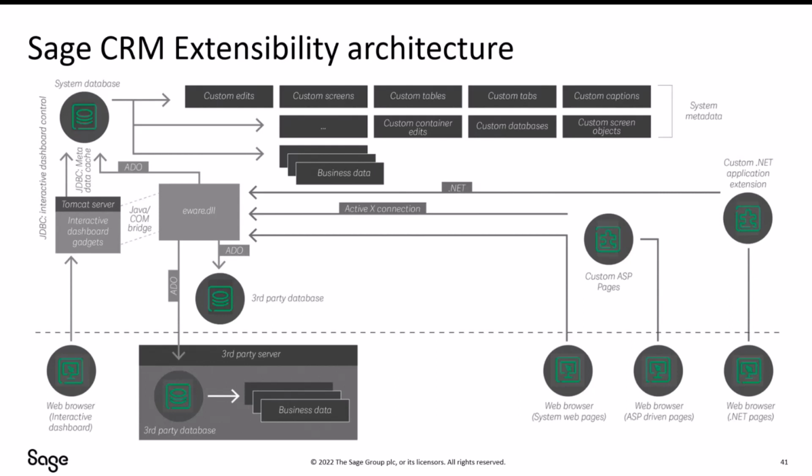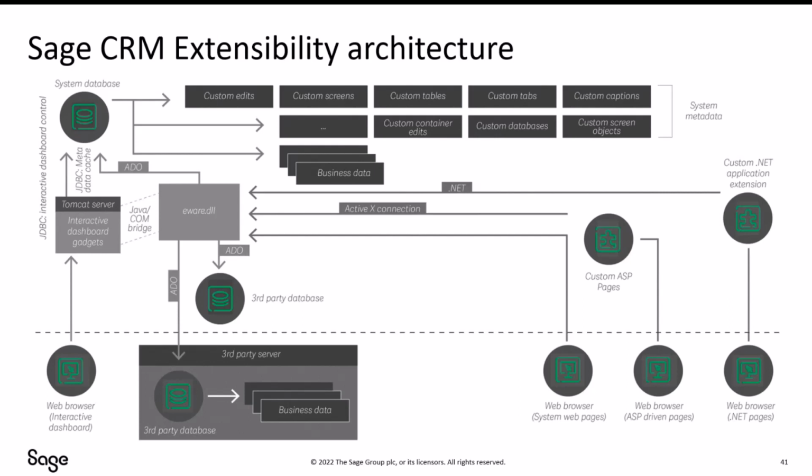We can create brand new connections to entirely separate systems, which are then modeled as part of Sage CRM's interface. So we can get additional connections and then bring them into the product.